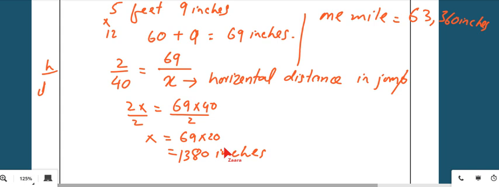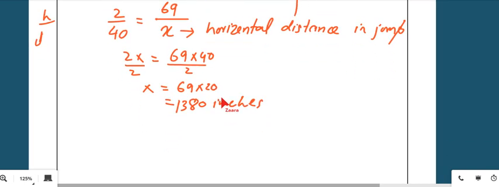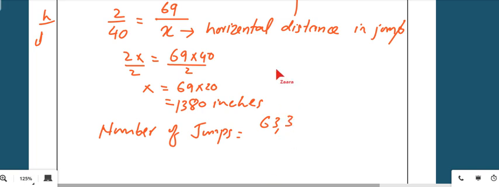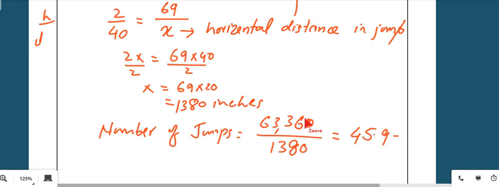Now I have to calculate the number of jumps required for 1 mile. So for the number of jumps, I will divide 63,360 inches over 1380. If you just divide them, it's almost 45.9, which is approximately equal to 46.